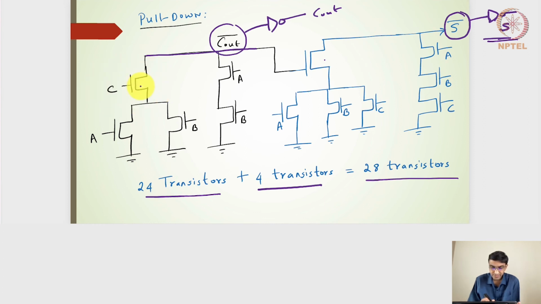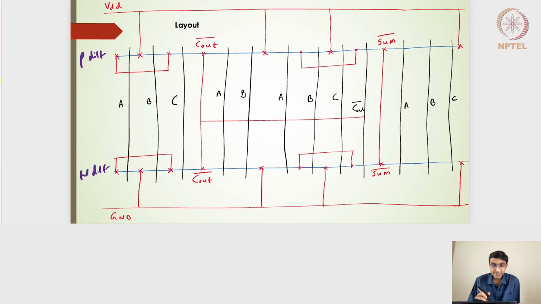So the polysilicon of the C will go here, and of the diffusions here, one will go to the C out, the other one will be going and connecting to the A and B transistors which are in parallel. The other diffusions of A and B are connecting to the ground.